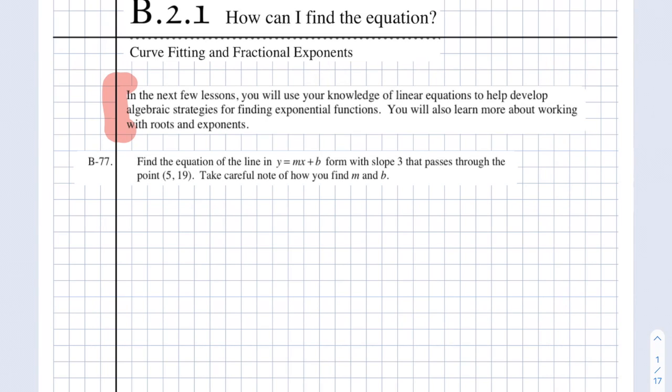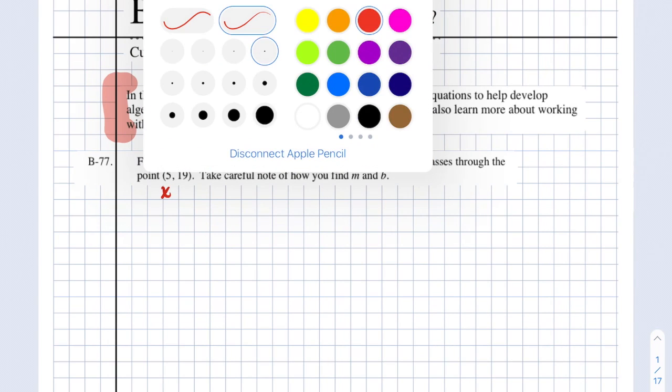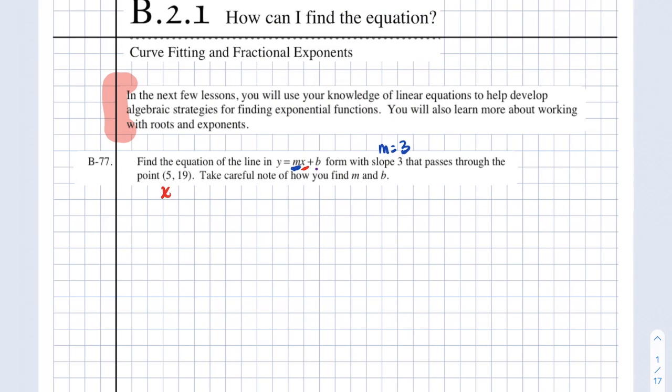So we know that the m is going to be your slope. We have an m right here. We have an x. And we have a y. So the only parameter that we need to find is b.